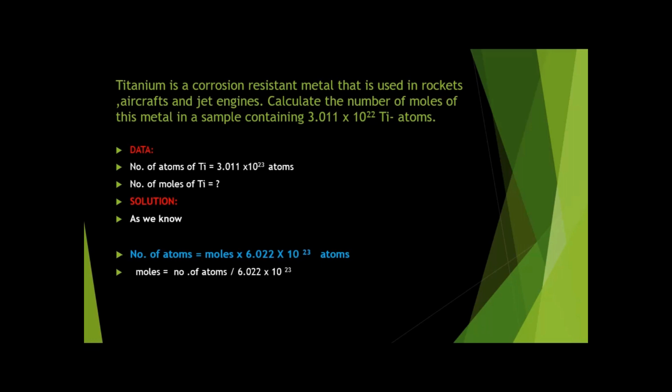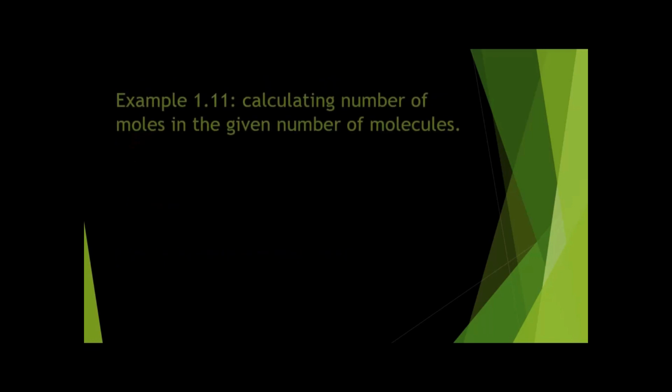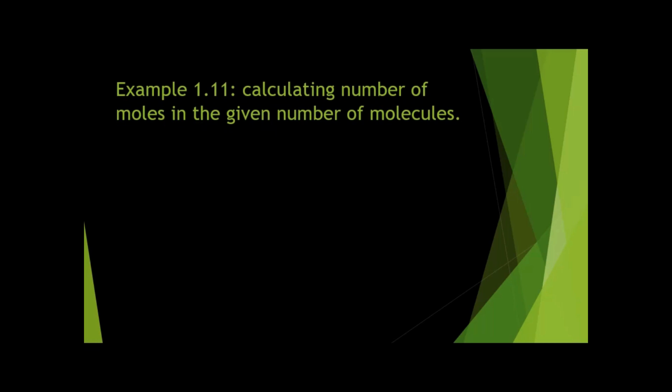So now moles is equal to number of atoms divided by 6.022 exponent 23. We have number of atoms 3.011 exponent 23 divided by 6.022 exponent 23. We get the answer 0.5 moles of titanium. This is our answer. Now students, example 1.11, calculating number of moles in the given number of molecules.